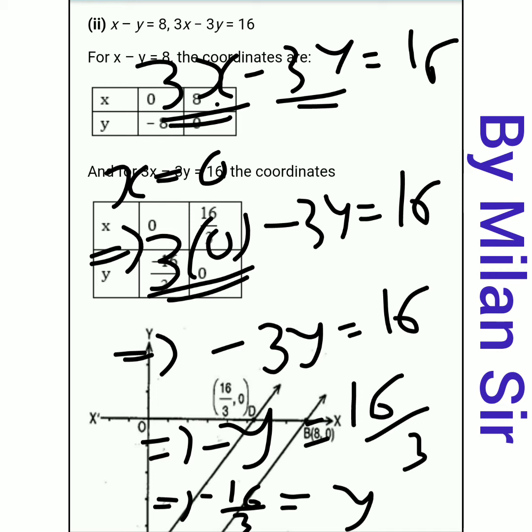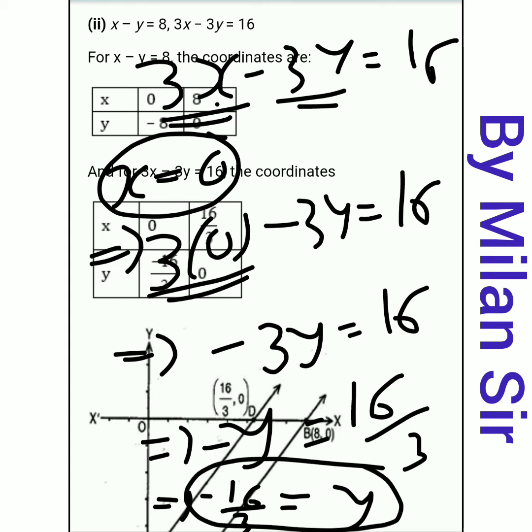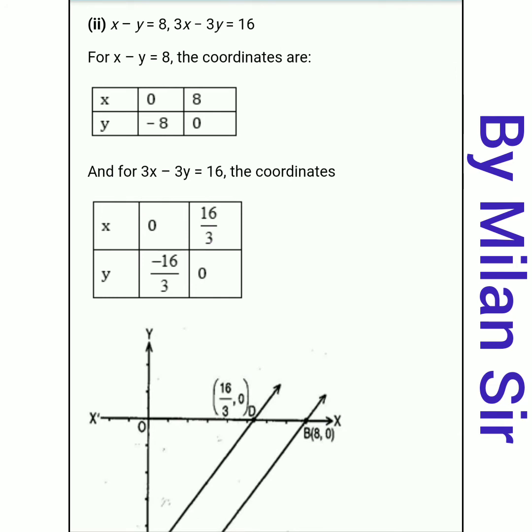So if we put x equal to 0, we get y equal to minus 16 by 3. So our first point is ready, 0 and minus 16 by 3.